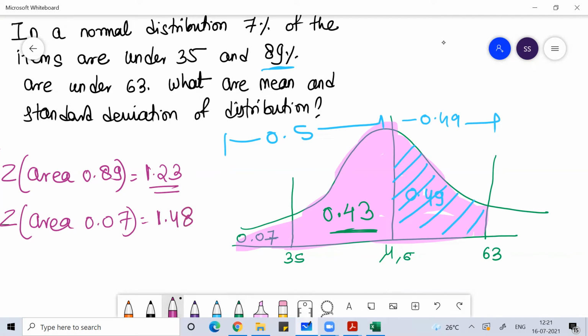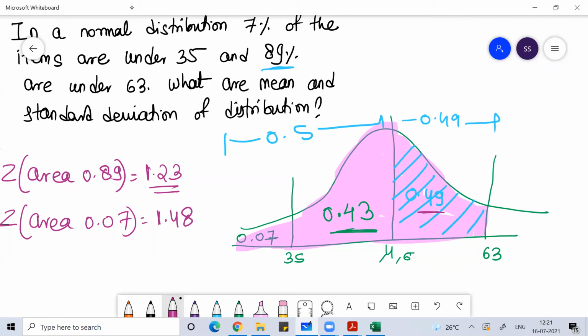Then the area 0.49: if you see the area 0.49 under the normal distribution curve, that is 2.33.